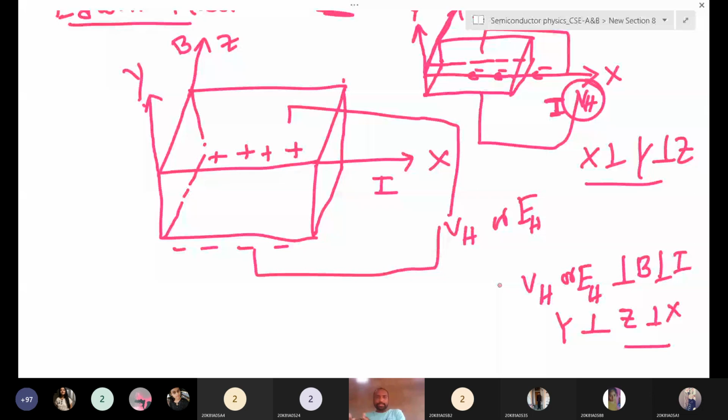This voltage and field we call the Hall voltage or Hall field. This is the Hall effect.